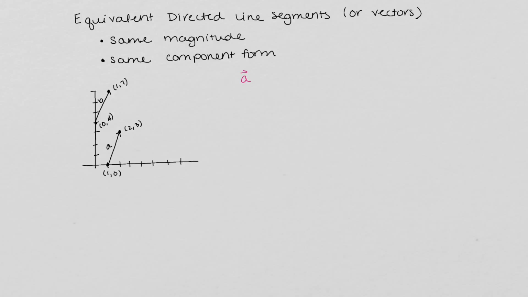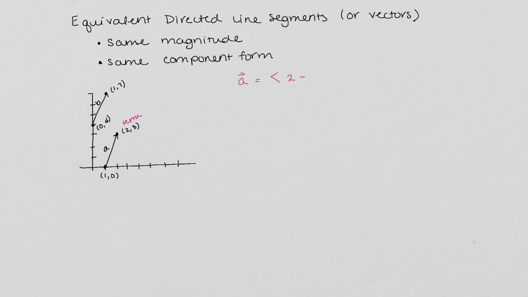To write vector A in component form, we use those little arrowheads and we say, all right, I'm going to take my terminal point and I'm going to take the x value from that, so that's 2, and then I'm going to subtract the x value from my initial point. So that's 1.